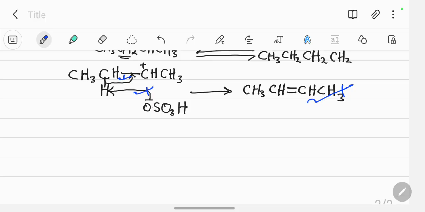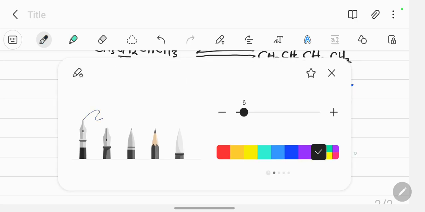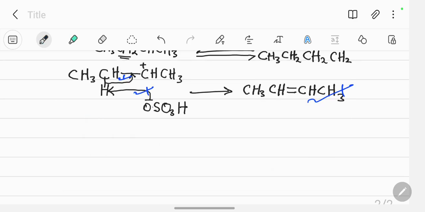We have to note that dehydration becomes easier, when I say easier, it requires less energy, to dehydrate a tertiary alcohol compared to a primary alcohol.